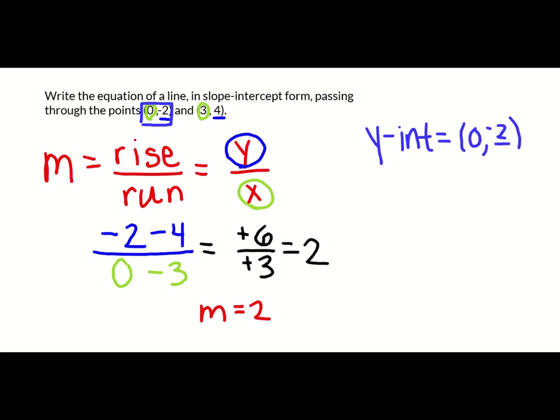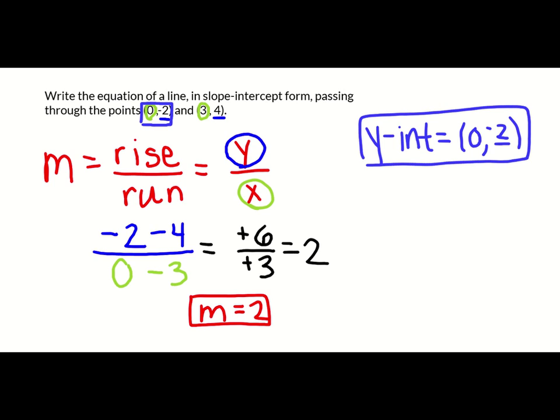So once you have your slope and you have your y-intercept, we then use the slope-intercept formula, y equals mx plus b, to write the equation of the line by plugging in our slope and our y-intercept for m and b.